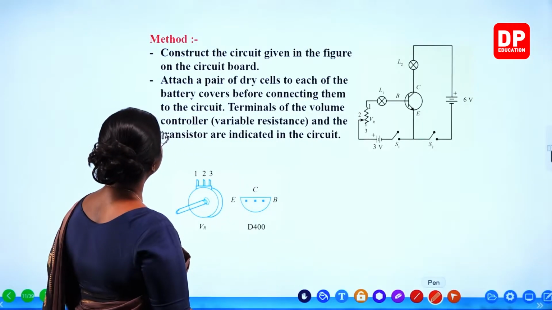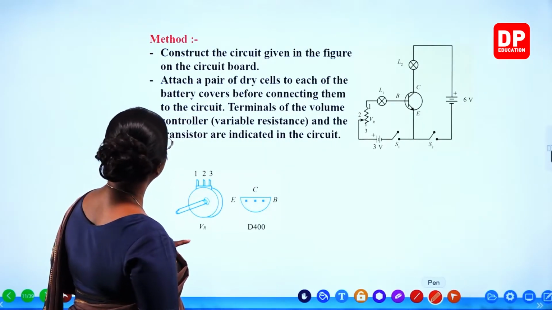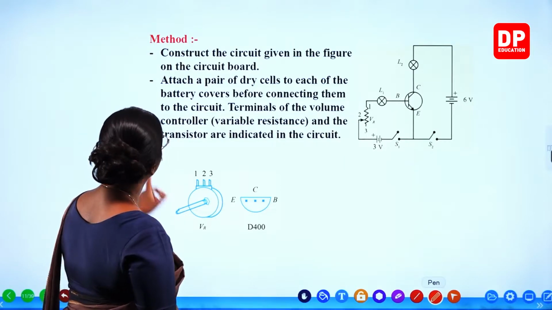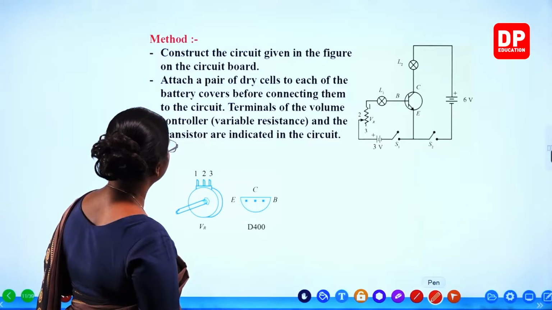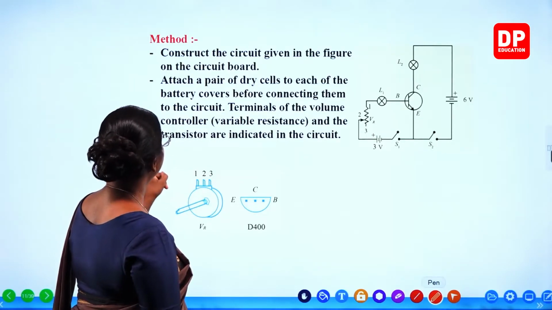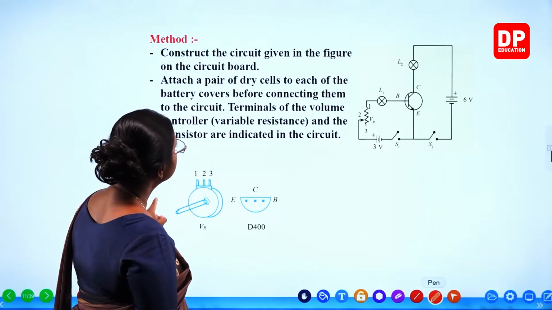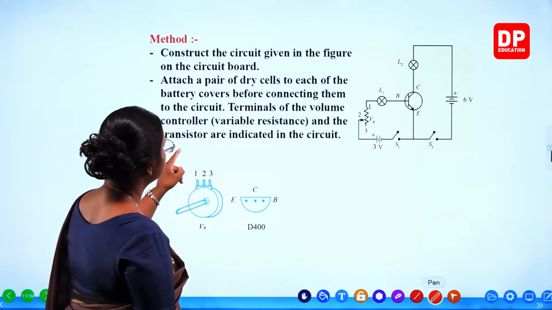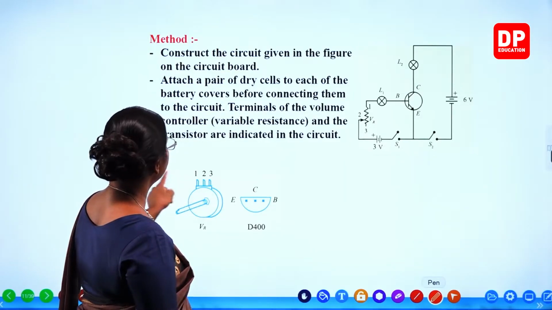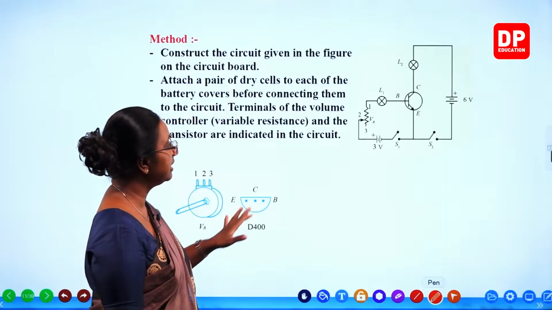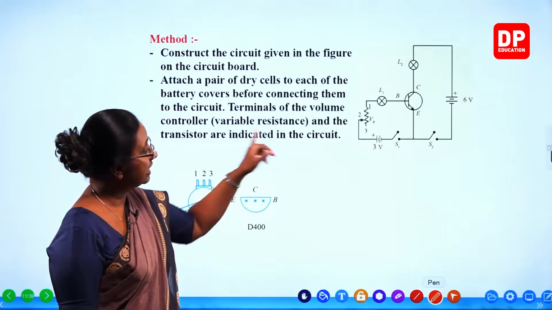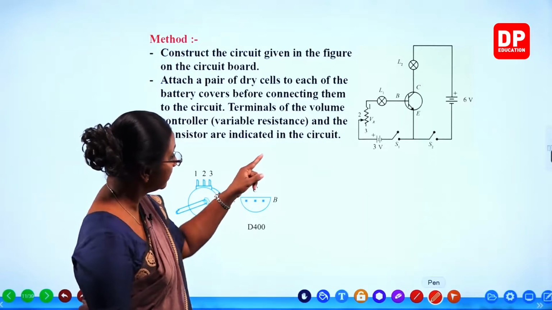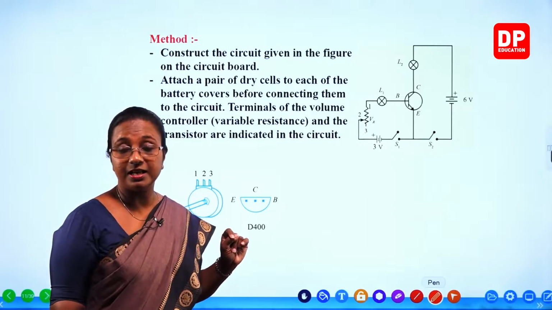So then we will go through the method again. Here you can see, construct the circuit given in the figure on the circuit board. Attach a pair of dry cells to each of the battery covers before connecting them to the circuit. The terminals of the volume controller, that is the variable resistance, and the transistors are indicated in the circuit. So these are the terminals and how they are connected in the circuit is indicated to you.